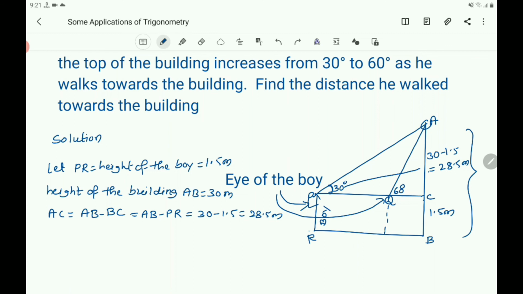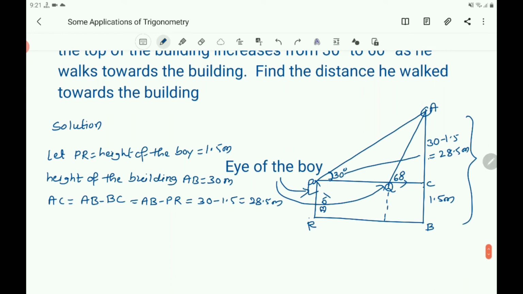PC and QC are not given. We have to find PC by using the right angle triangle ACP, and QC by using the right angle triangle ACQ.